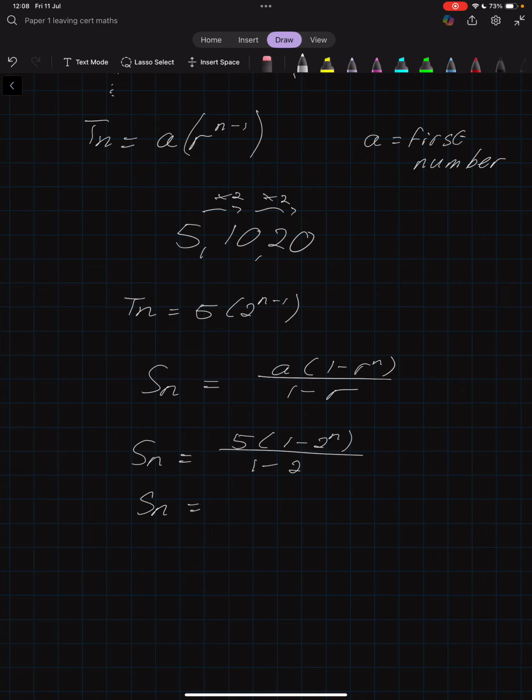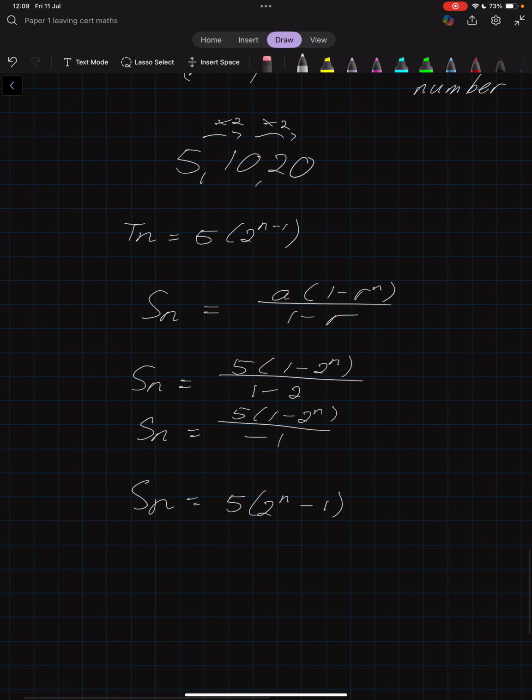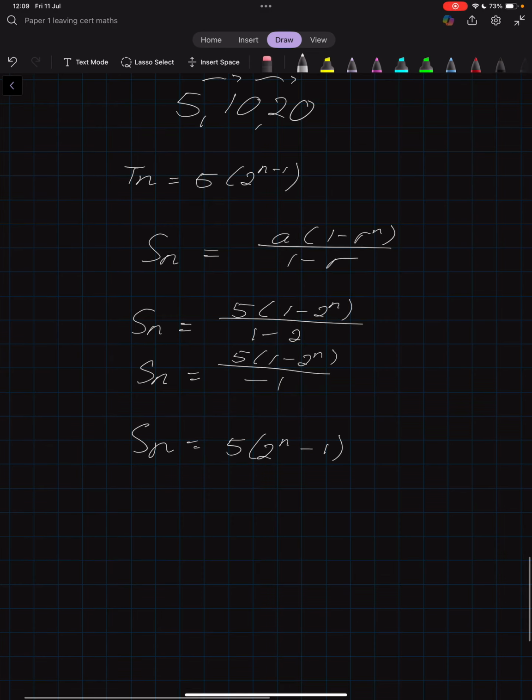That's equal to 5 into 1 minus 2 to the n, all over minus 1. So Sn is simply equal to 5 into 2 to the n minus 1. Okay? So the sum of the first n terms is simply equal to this. Again, n is an element of the natural numbers here.